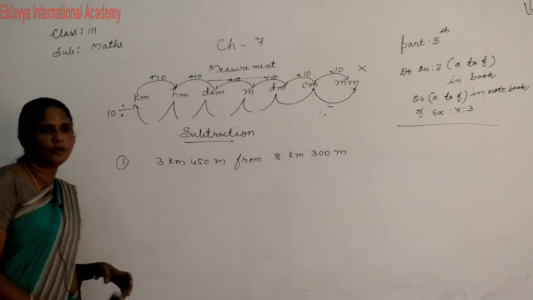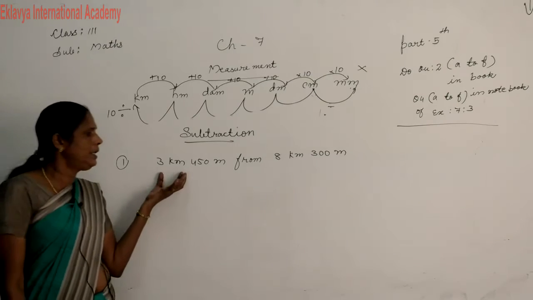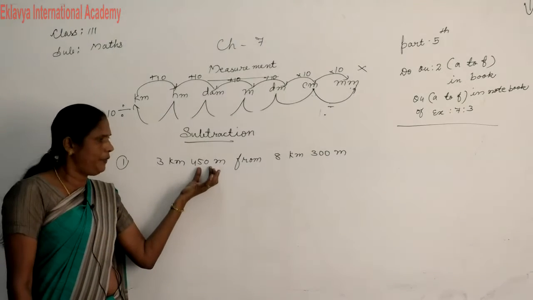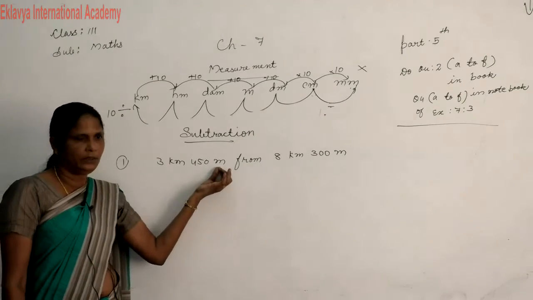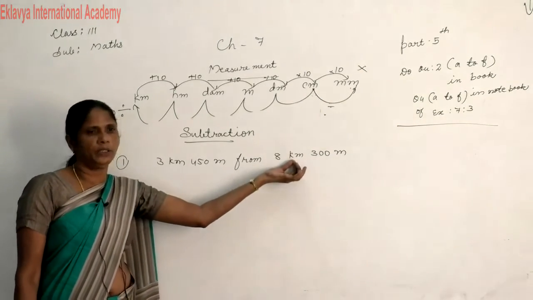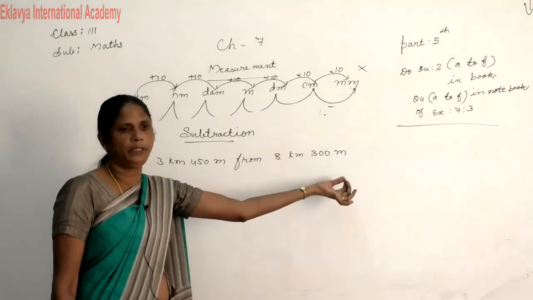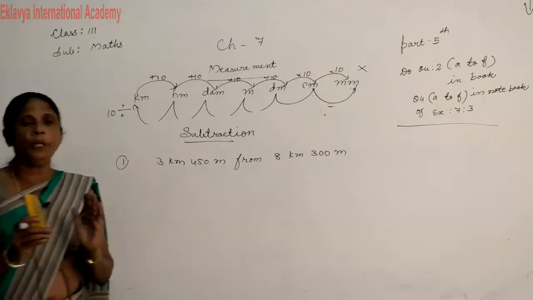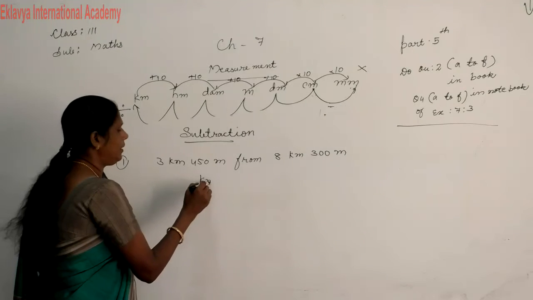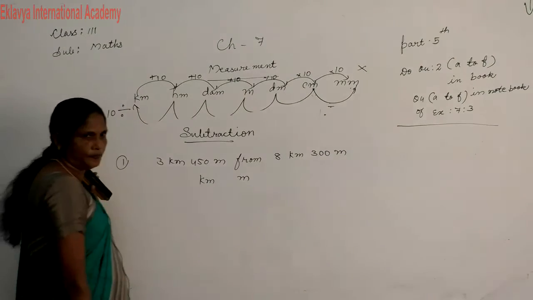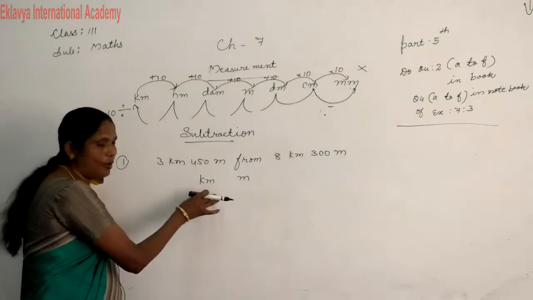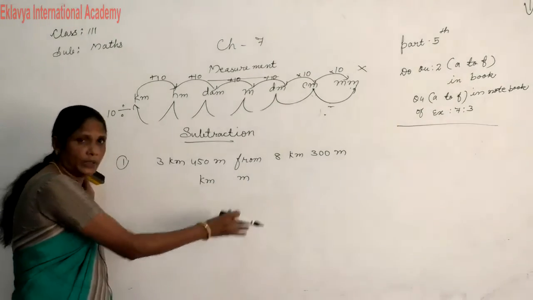Again, read the question. 3 kilometer 450 meter from 8 kilometer 300 meter. Now you make two columns, kilometer and meter.